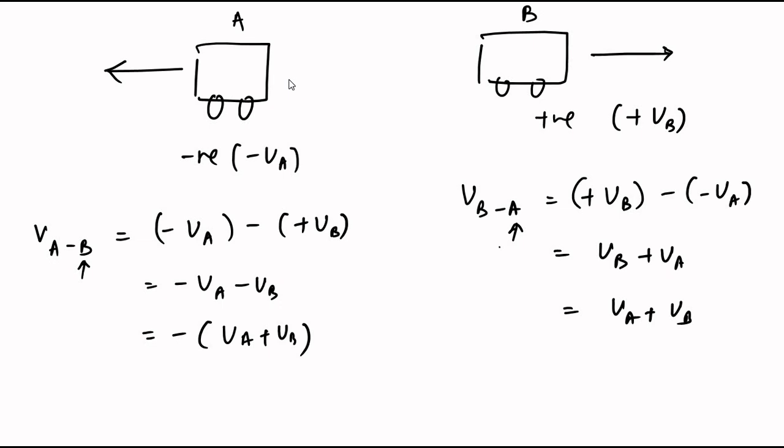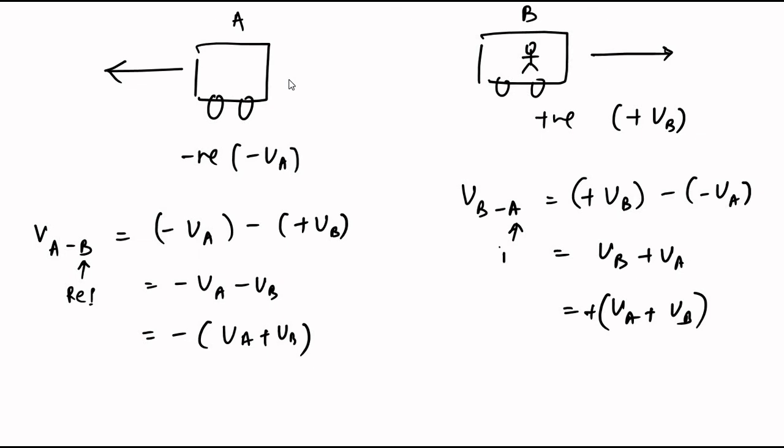So here, to someone sitting inside vehicle B, with B as the reference, it appears as if A is moving away towards the left with a velocity of VA plus VB, the magnitude.